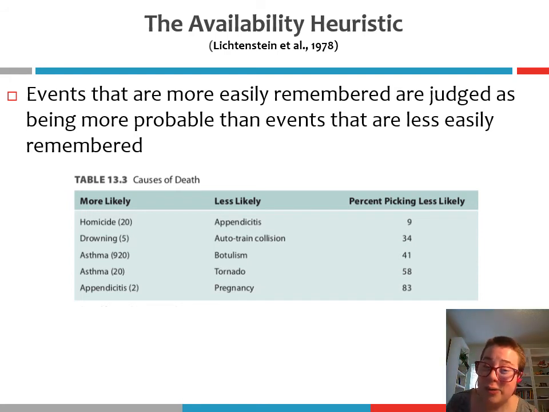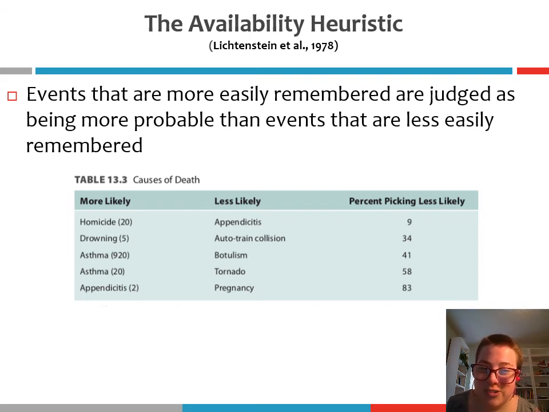Well, you might notice that many of the deaths that participants are assuming are more likely are things like tornadoes, botulism, an auto train collision, right? So all of those things are things that would very likely be front page news, right?